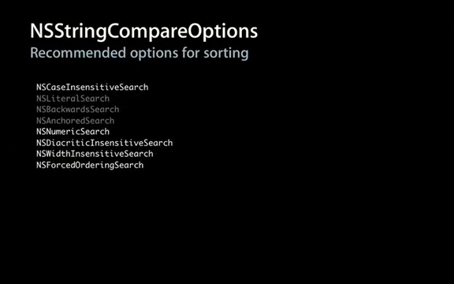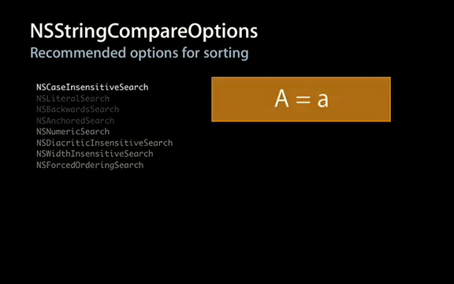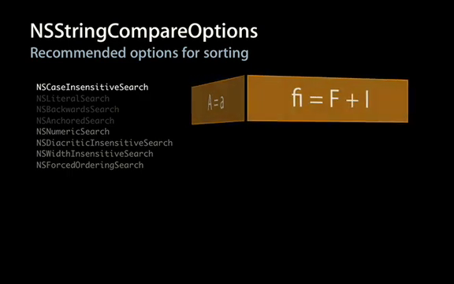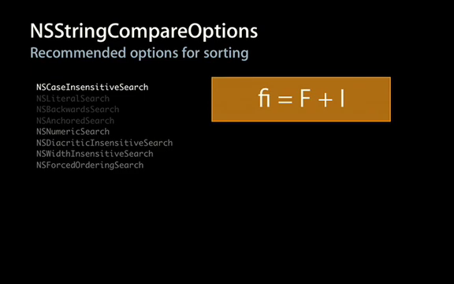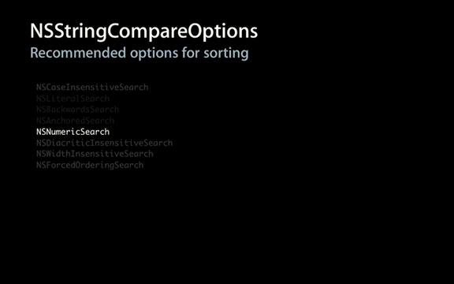Let's take a look at each of the options. Case insensitive search. It maps simple one-to-one case like this, or complex cases like ligatures that have different lengths. Or it can support locale sensitive mapping like this too. Next one, numeric search.